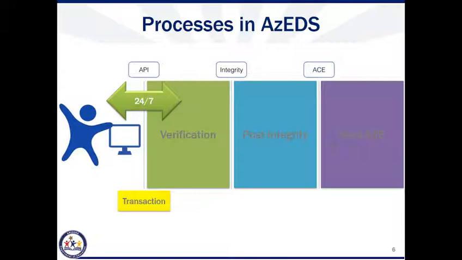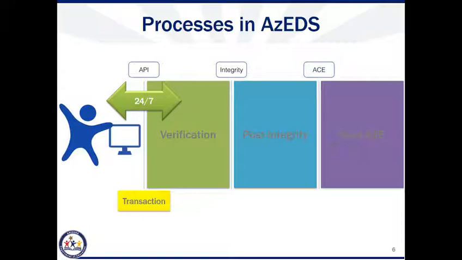How your SIS communicates with AzEDS is via transactions. The transactions that are sent are called an API. It's sent through the application program interface, and that is available 24/7 for the most part. If you are signed up with the AzEDS red flag notices, if the API is ever down or unavailable for maintenance, you should receive a red flag notice.